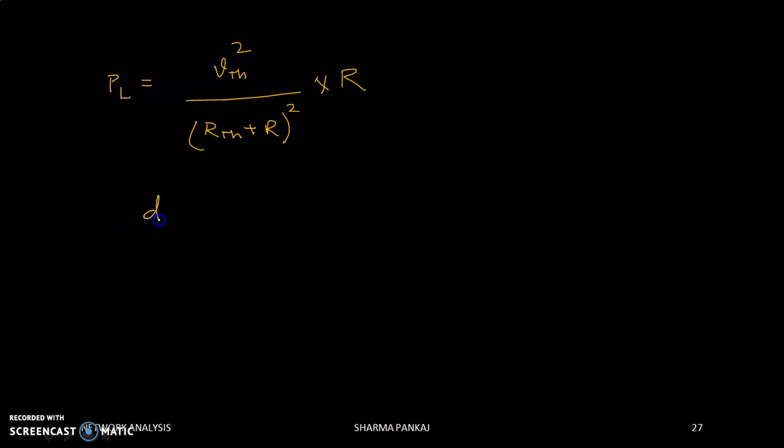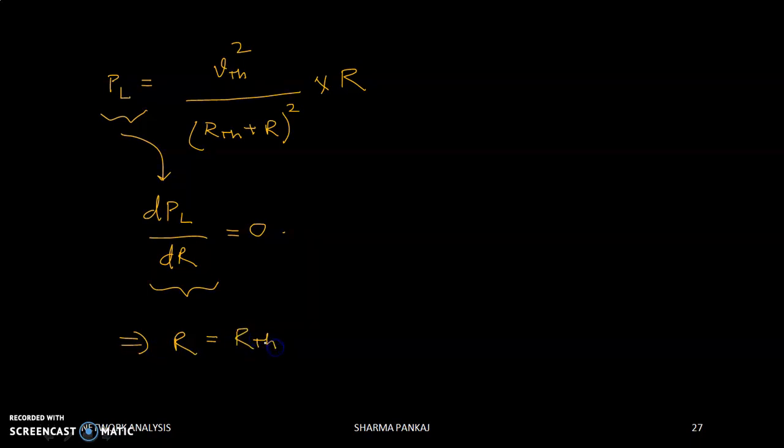What is the condition? dPL upon dR is equal to 0. Put the value of PL here, differentiate with respect to dR and do the necessary simplification. We will get the value of R is equal to RTH.